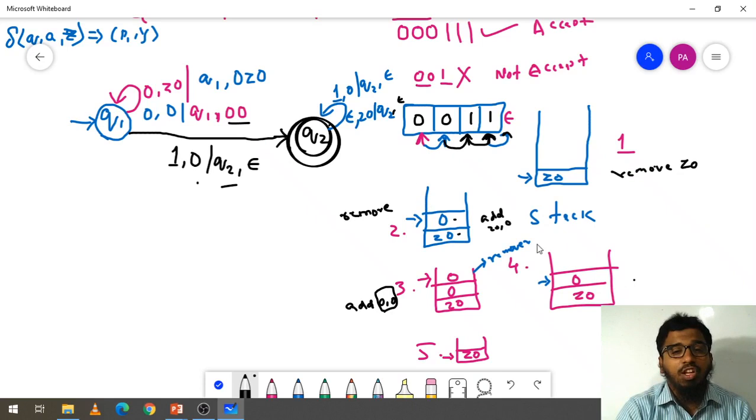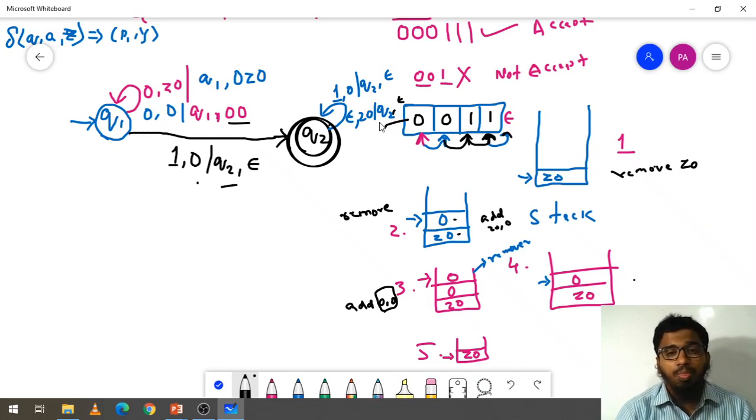Whenever we have 1 and 0, at that time we will get q2 epsilon. After finishing this string, the last will be epsilon. When epsilon is there, at that time it should go to Z0, and then it will go to the final state.